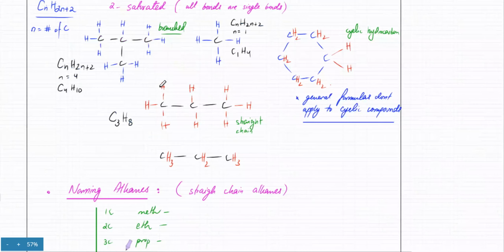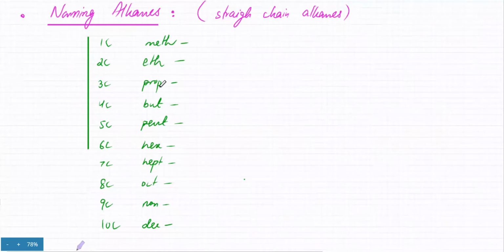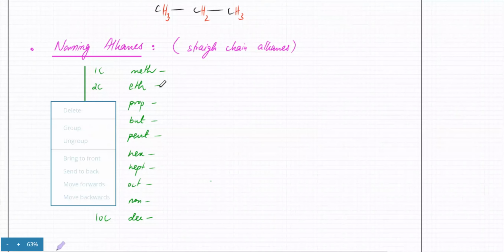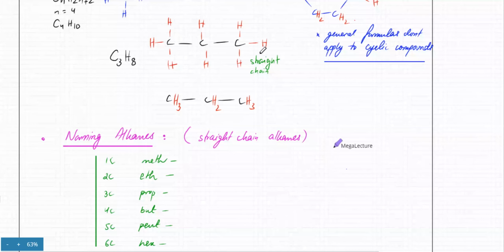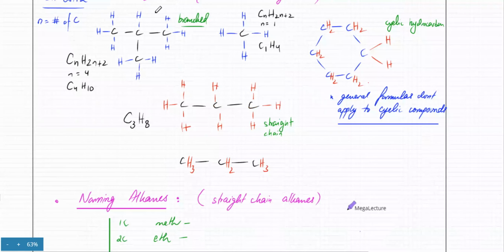Now, at this point, we were trying to name alkanes. And I told you that when it comes to naming, in your course, you'll only be asked about straight chain alkanes. Straight chain alkanes are those where the carbons are in one line. I told you that there were branched hydrocarbons.